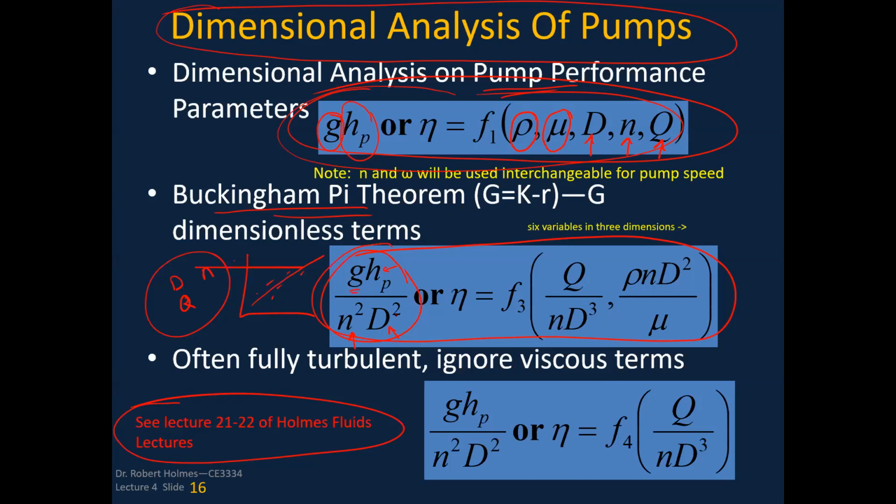And let's see, this is revolutions per time, so this has got time squared down here. We can say that it's a function of the flow rate, which is length cubed per time, the speed of the pump, which is revolutions per time, and then the diameter of the pump, which is in length cubed.